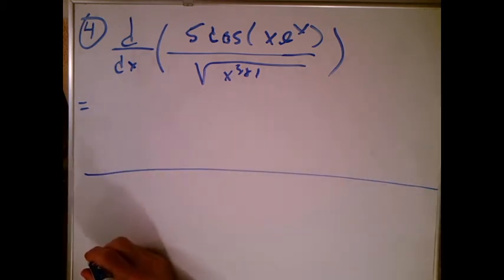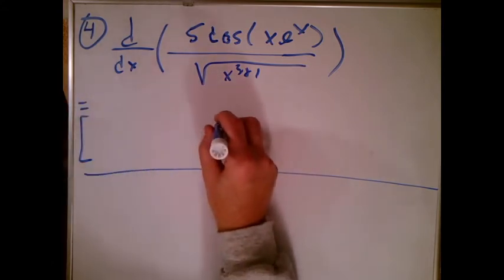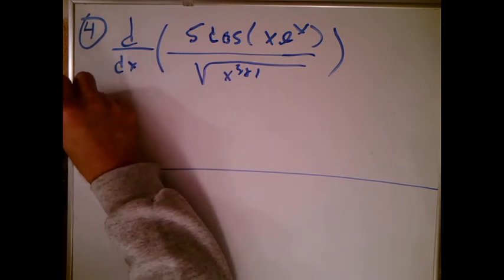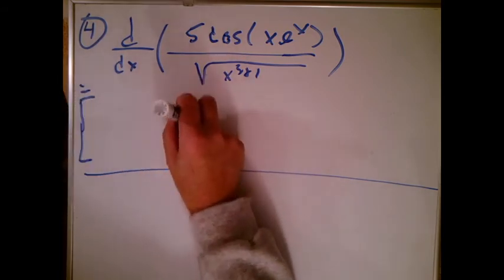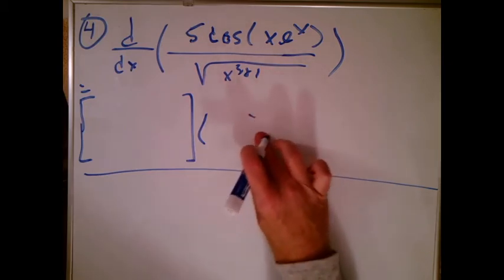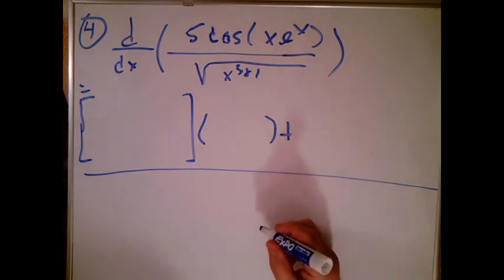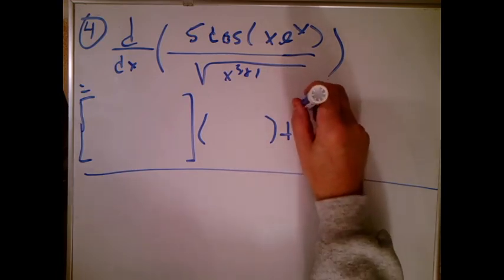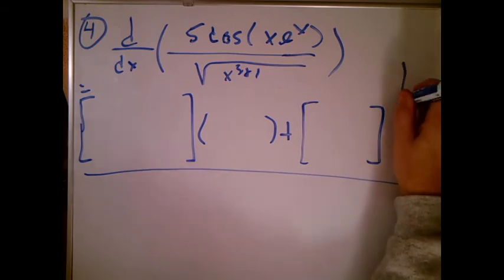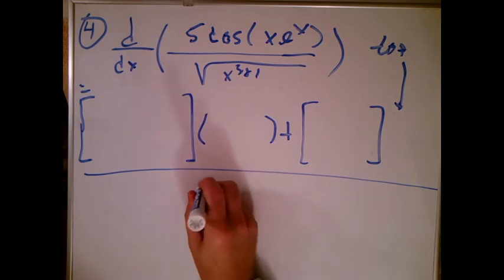I know I'm supposed to have the derivative of the top, which is going to be really long, times the bottom, plus the derivative of the bottom times the top, all over the bottom squared.